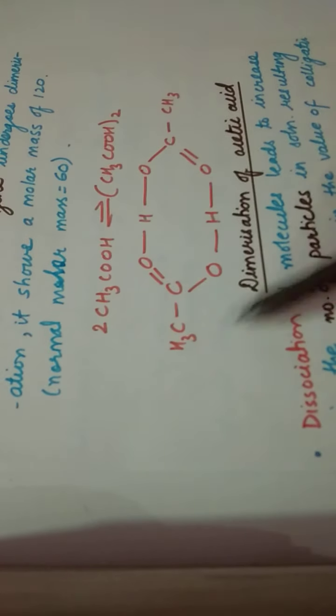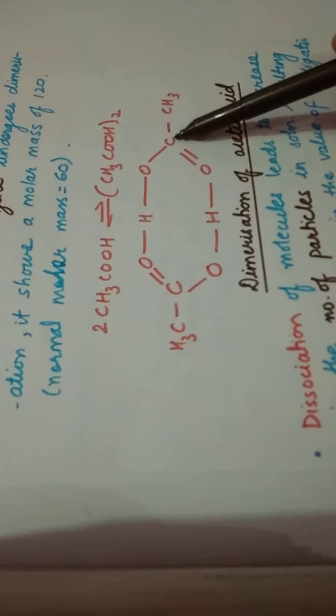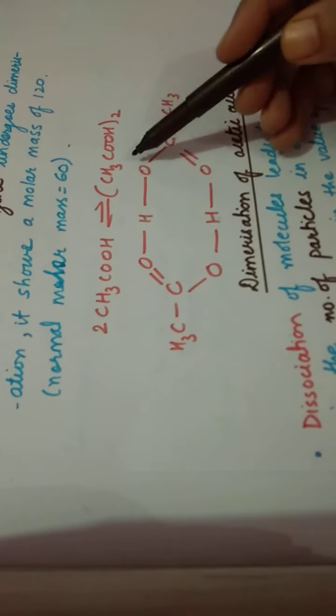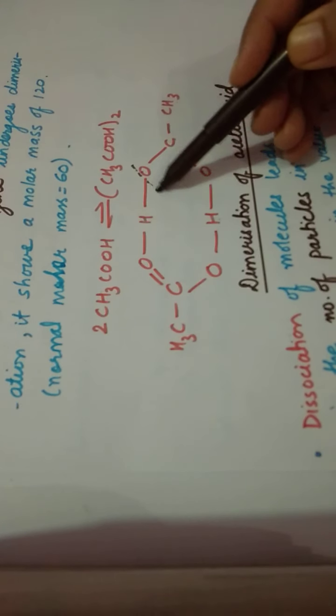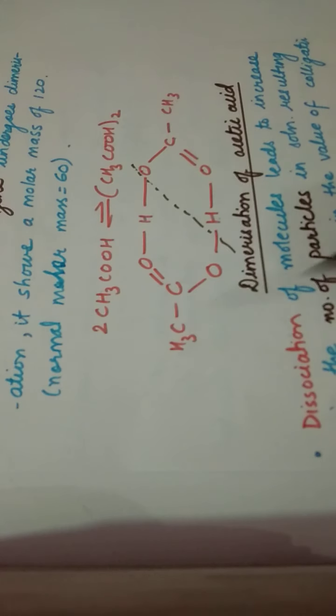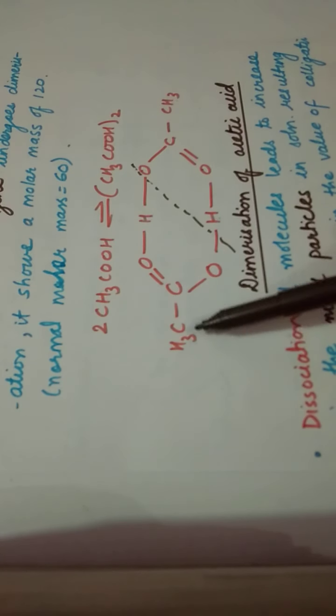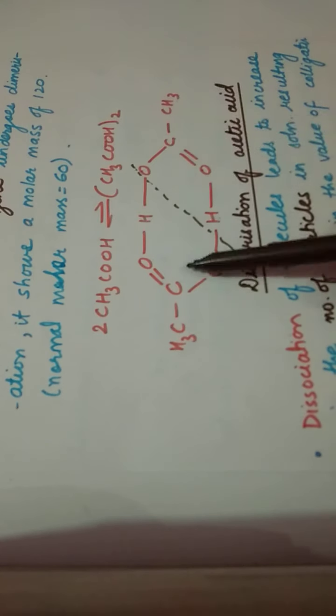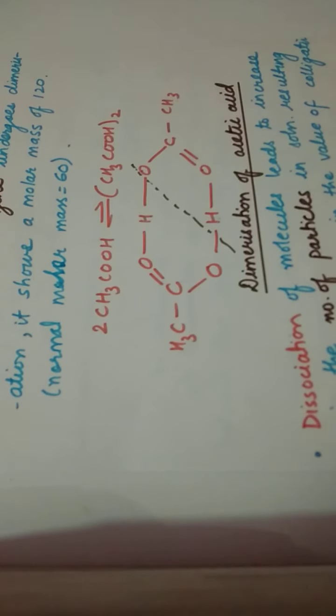Here you see CH3COOH. This is one molecule of ethanoic acid, and this is the second one, CH3COOH. So here you have two ethanoic acid molecules, or acetic acid molecules.